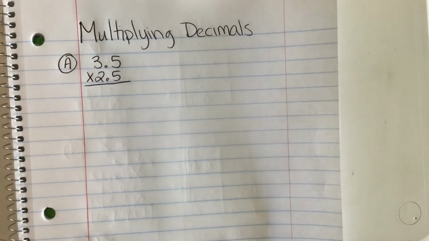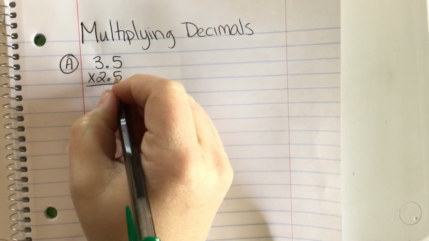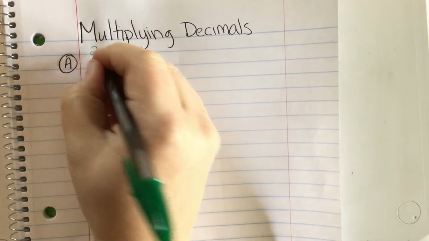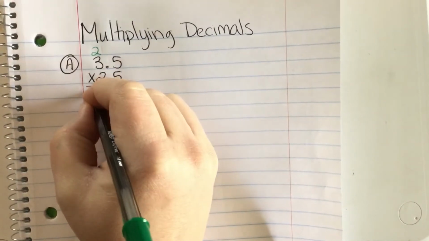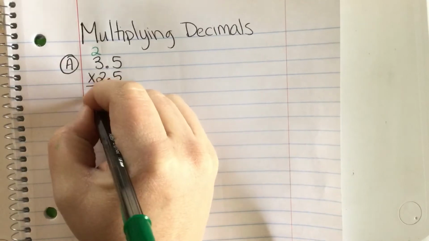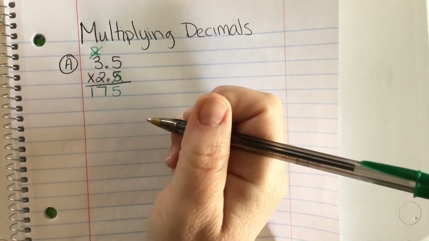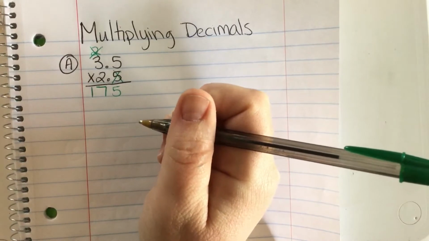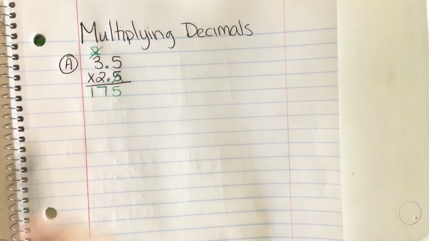So let's take a look at this problem. We're going to take care of this 5 here first. So 5 times 5, 25. 5 times 3 is 15, plus 2 is 17. Okay? I have nothing left to use that 5 with, so I'm going to cross it out so I don't get confused. And then I'm going to move to my next row, or my next number.